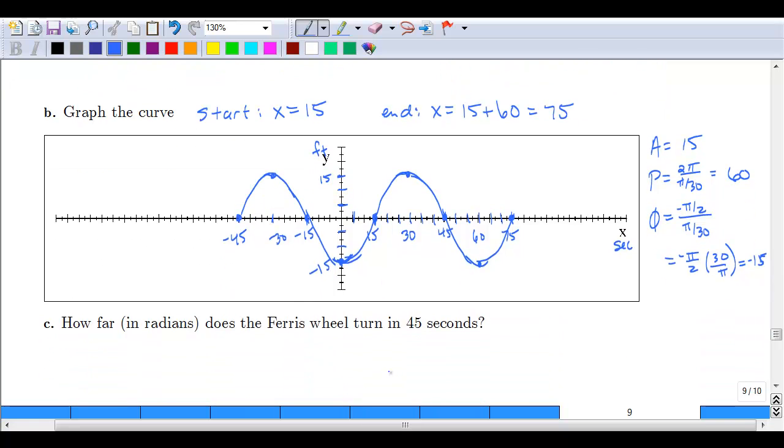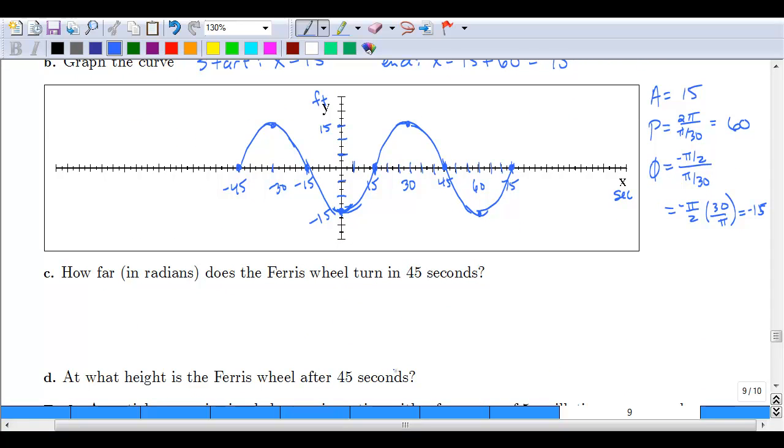So let's answer a couple questions about this. How far in radians does the Ferris wheel travel in 45 seconds? Well, you can intuitively guess this, or you can just look at the omega t part of the graph. Omega was pi over 30, and then times t, which was 45.